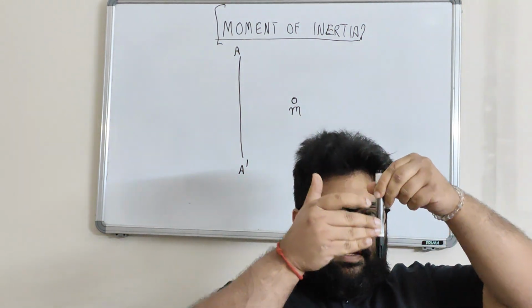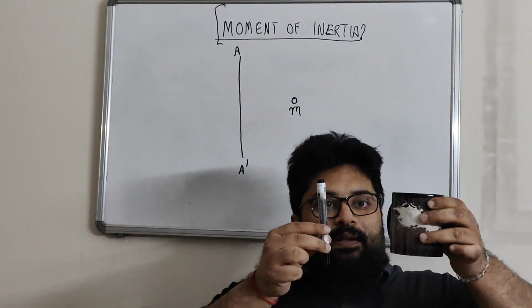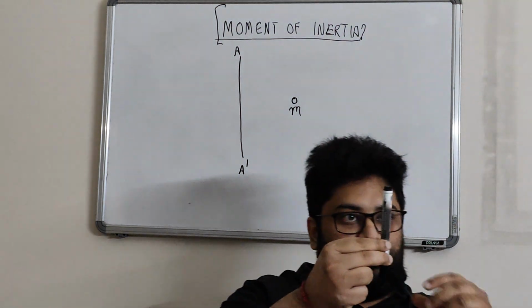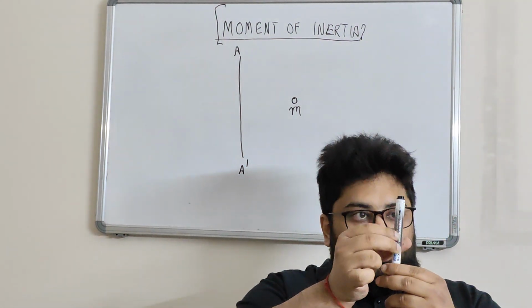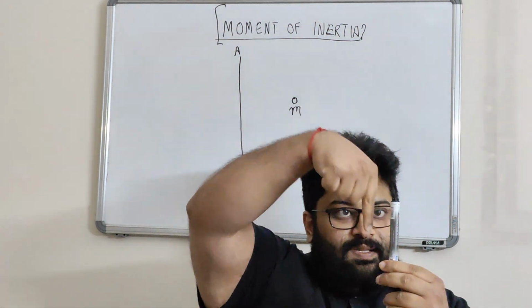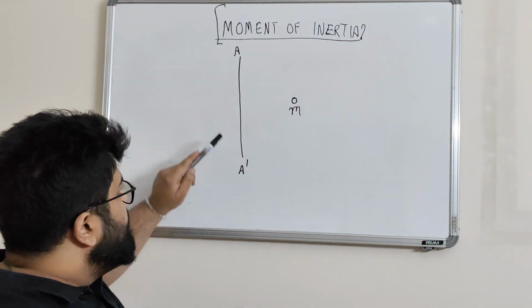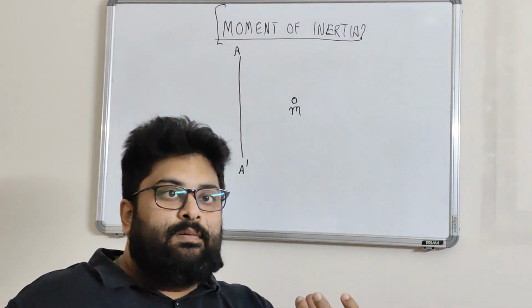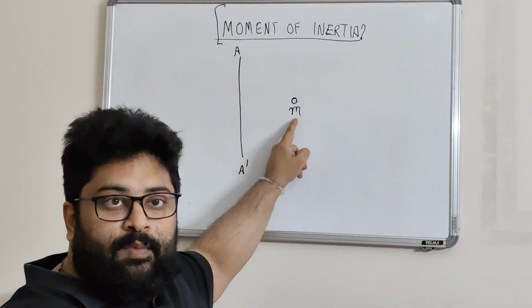This is, imagine this is the cup, right? This is the equivalent of this. Okay, so imagine this is that cup in that state, just like that, and it's rotating like this. Okay, so this thing becomes the axis of rotation, that is A and A dash. Okay, now imagine that cup is a small particle of mass m.